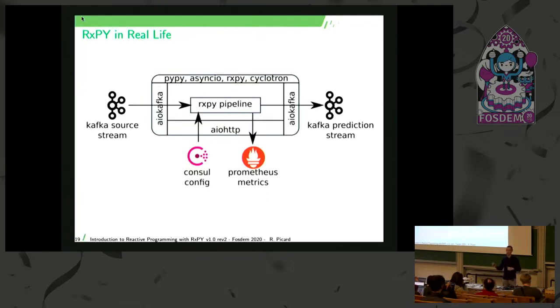So we can read many topics at the same time, combine them together with RxPY, and do all our computation. This is a case where all these elements fit very well together. Kafka with async I/O and RxPY really do great things with each other.